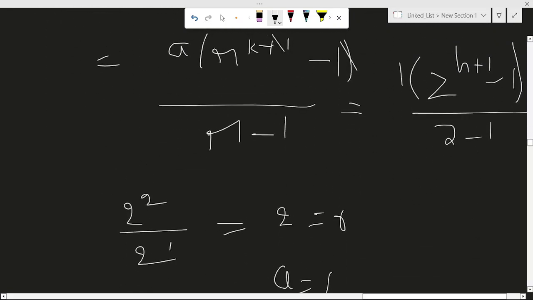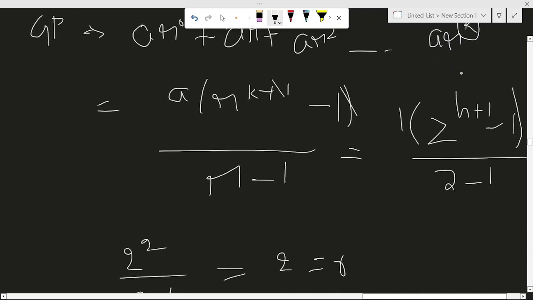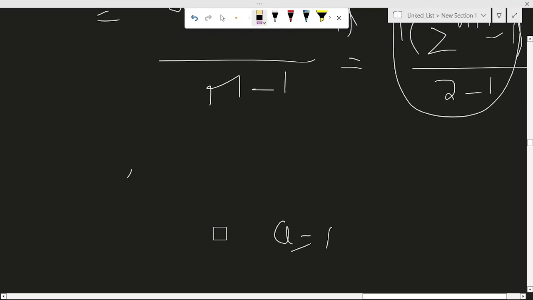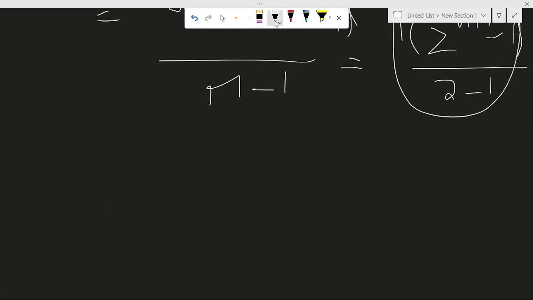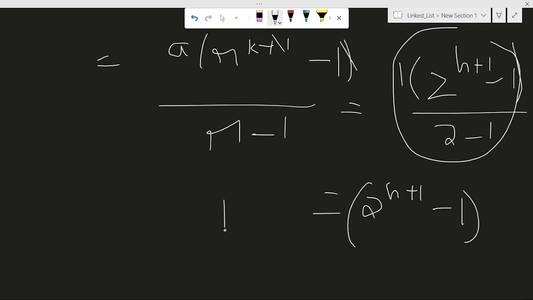So what is my formula for n max? For n max, my formula is this. Let me reduce this further. If I reduce, I will get 2 power of h plus 1 minus 1. So this is n max.